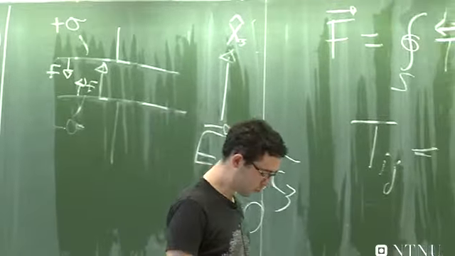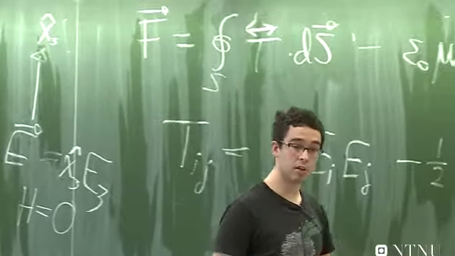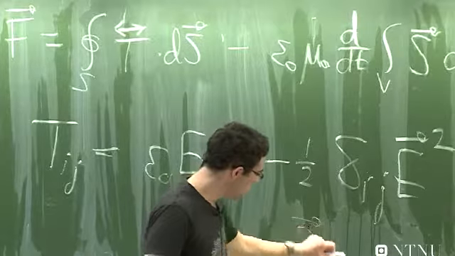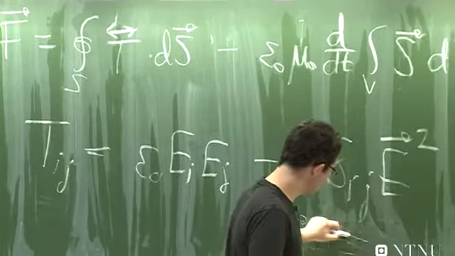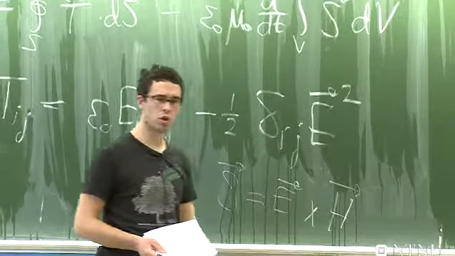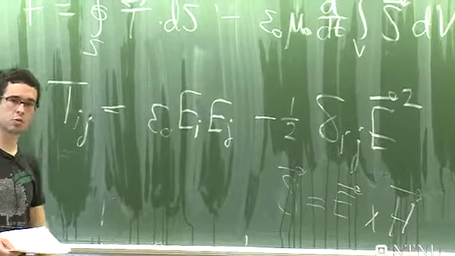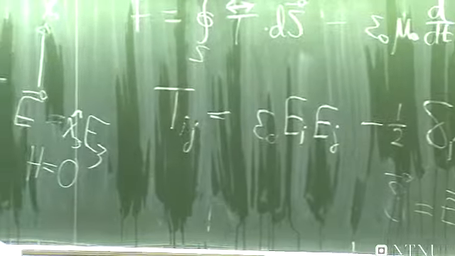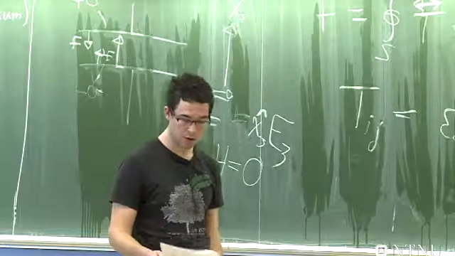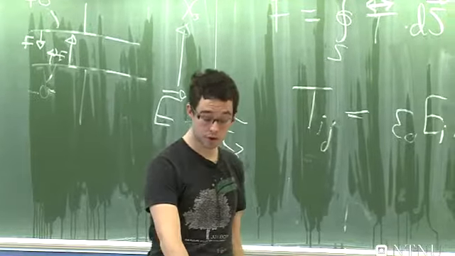So we know that the momentum density, which is proportional to the Poynting vector, is proportional to E cross H. Okay, but there's no momentum density anywhere because there's no magnetic field anywhere. So where is there a momentum flow is the question. And if there is one, why is there one?